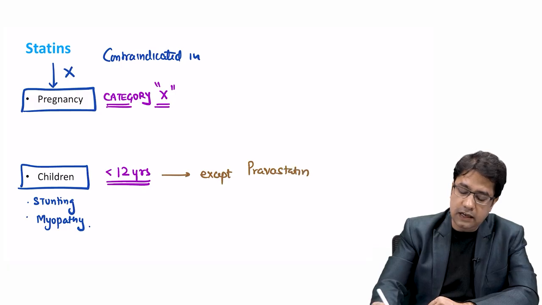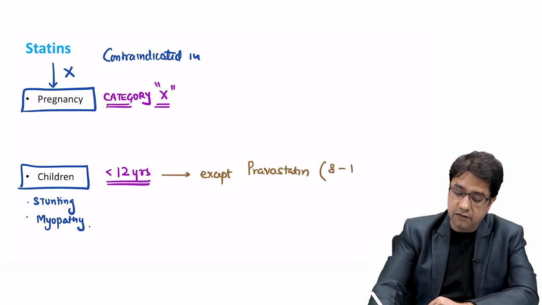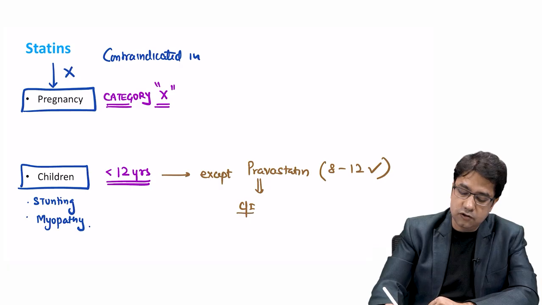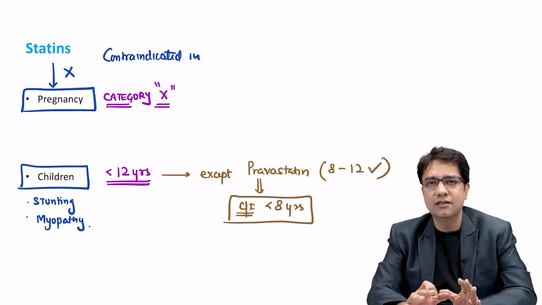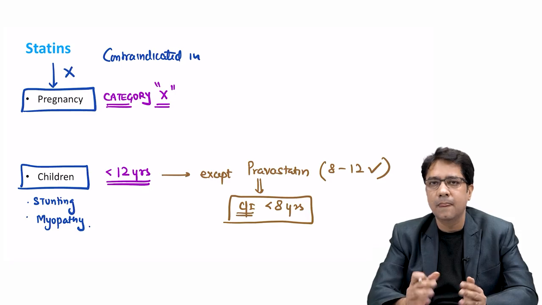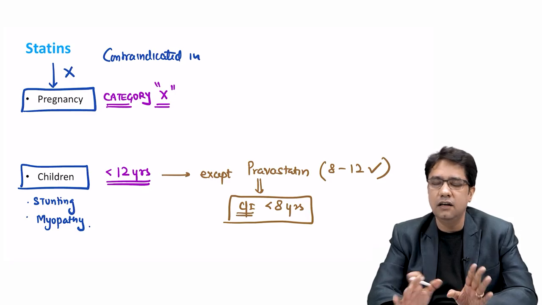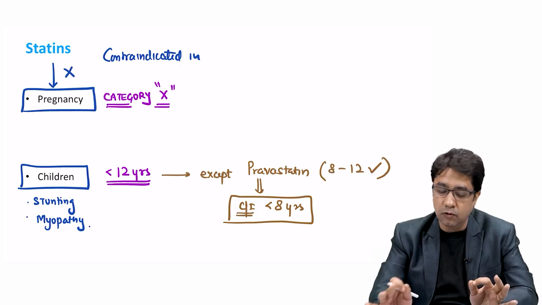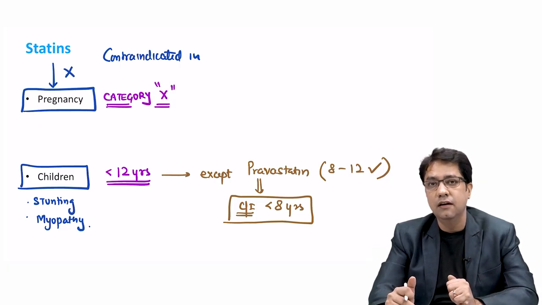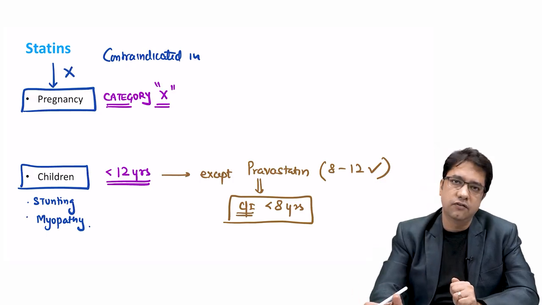In 8 to 12 years, we can give pravastatin. So we can write that pravastatin is contraindicated in children less than 8 years of age. The reason was that we tried pravastatin in children above 8 years of age, it was found to be safe. So it is the only approved statin in children between 8 to 12 years of age.